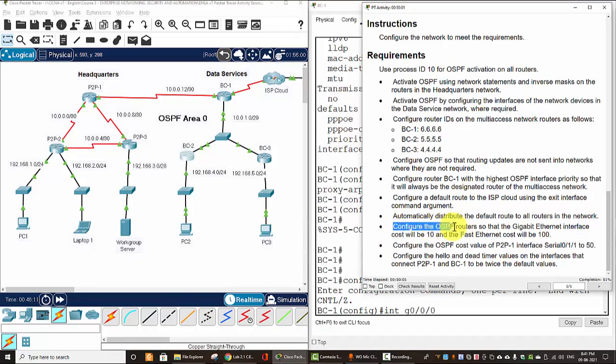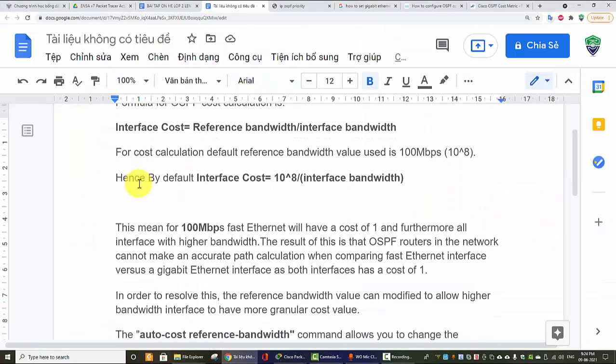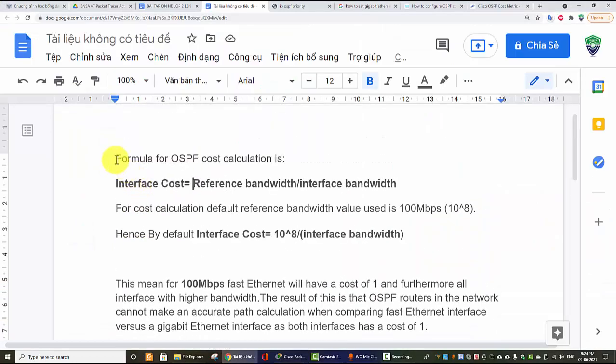Okay, next we will configure the OSPF router so that the gigabit Ethernet interface cost will be 10 and the fast Ethernet cost will be 100. To do that, we should review the formula for OSPF cost calculation. The interface cost equals the reference bandwidth divided by the interface bandwidth, and the default reference bandwidth is 100 megabits per second, or 10 to the power 8.